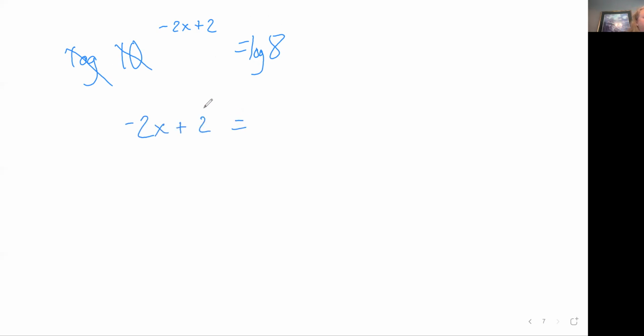And then we'll evaluate the log of 8. And I want you to go out to 4 decimal places on that. So 0.9031. All right, then you'll subtract 2. And divide by negative 2.